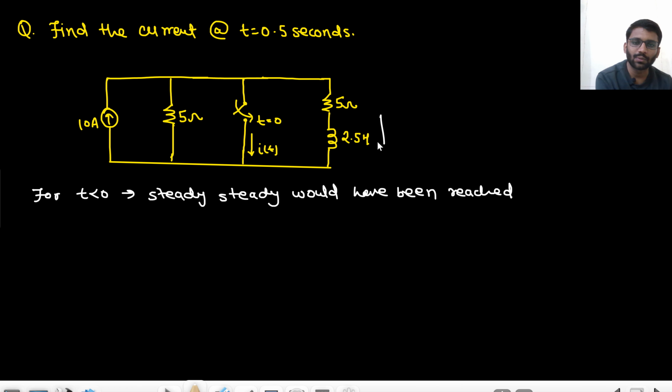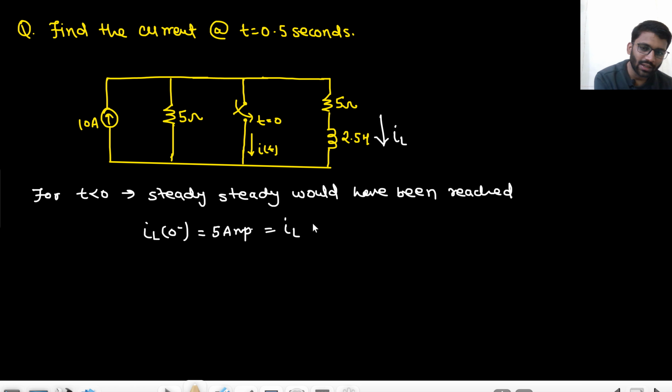So let's just call this IL of 0, IL current we are talking. So IL of 0 minus would be what? This switch is open, so it would be 5 ampere, right?